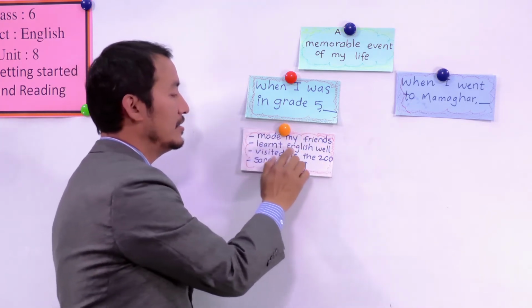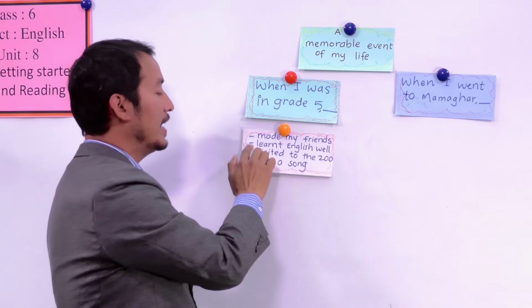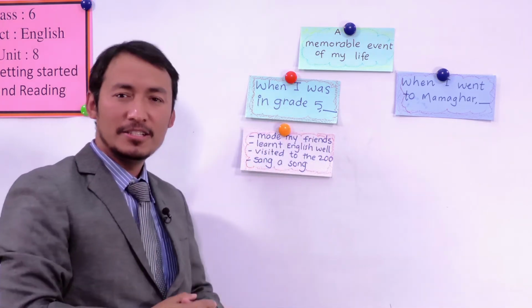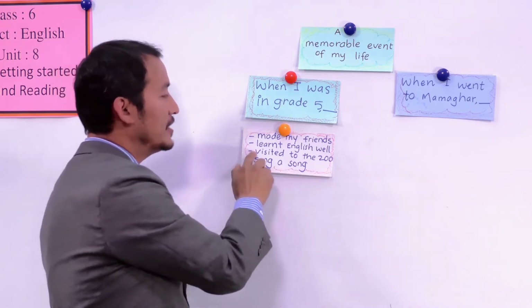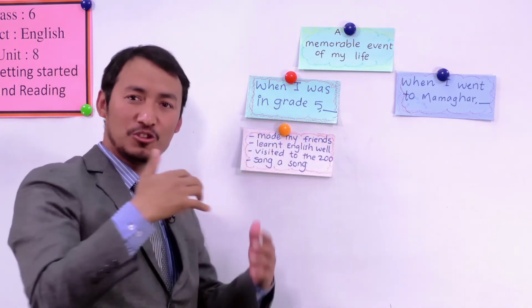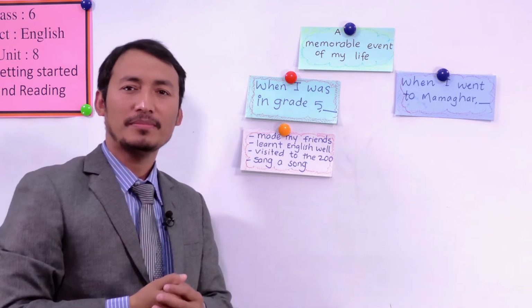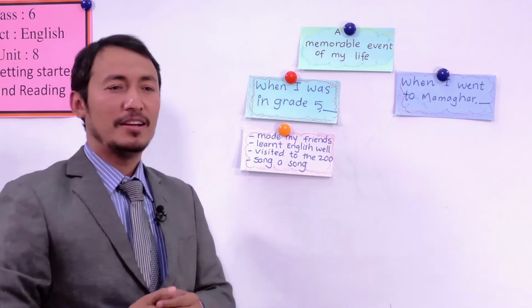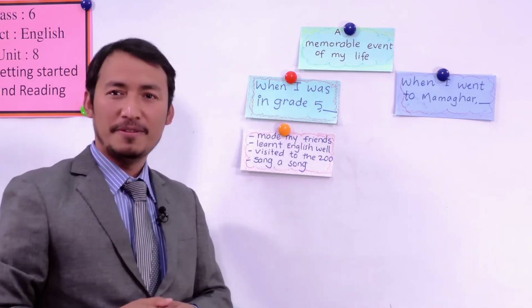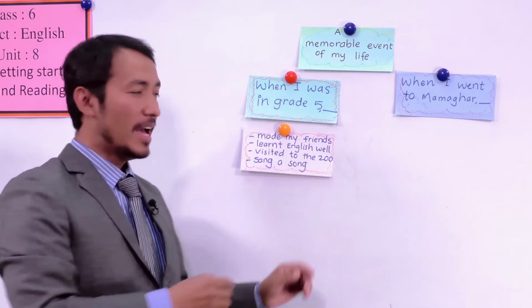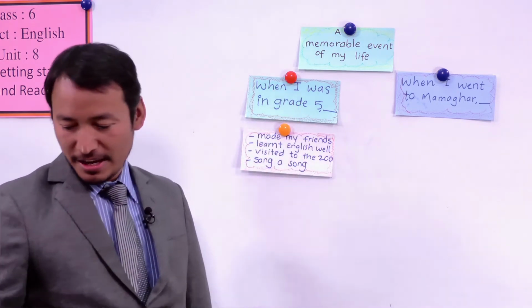I learned to speak English, or I learned to do maths or science or any subject better. I visited the zoo. I sang a song in a school program, and so on. You can remember different events when you were in grade 5. Okay, students? So you can make the story and use the verbs in past tense.